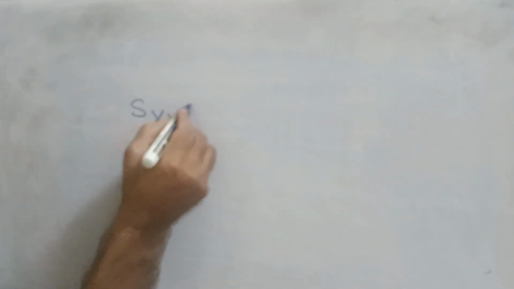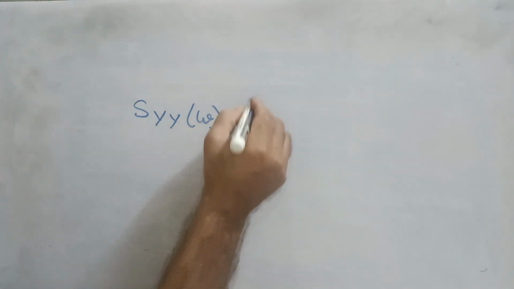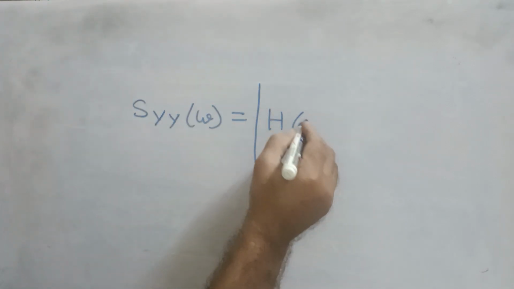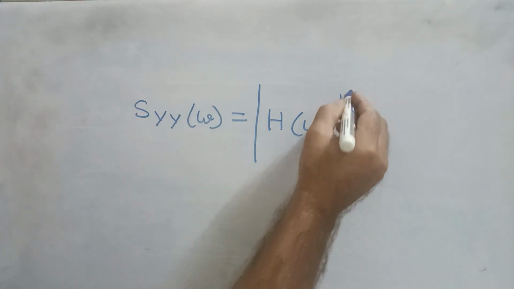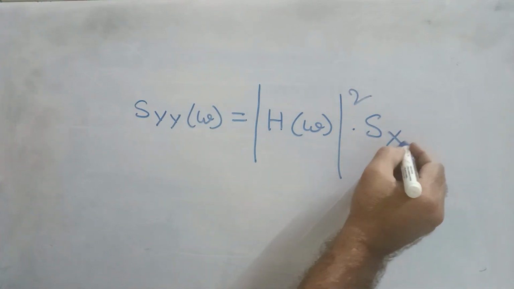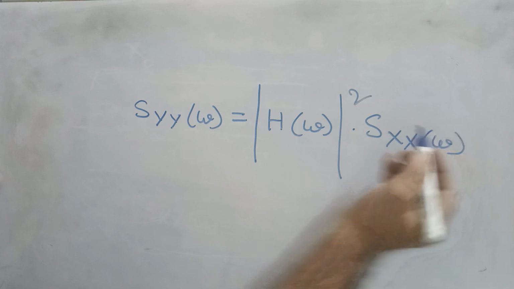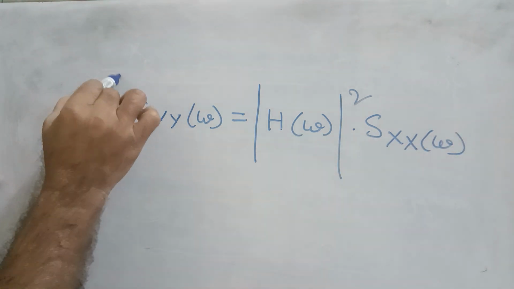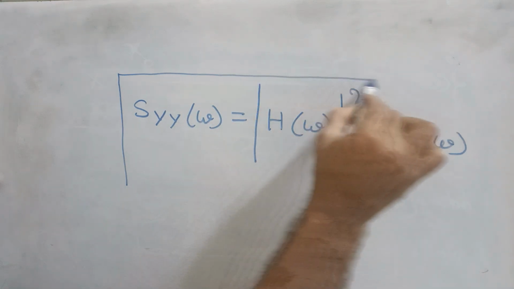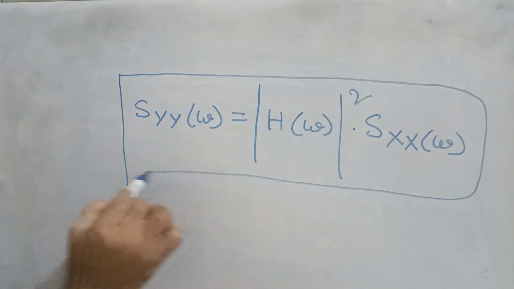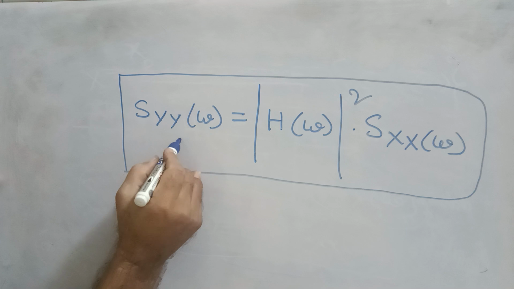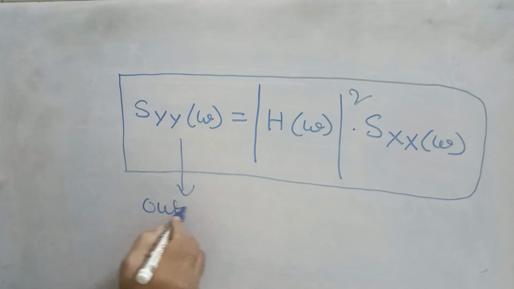If you define a relationship between these three, the output power spectral density is equal to the magnitude of H of omega squared times the input power spectral density. Very, very, very important formula. Remember, this is my output PSD, power spectral density.